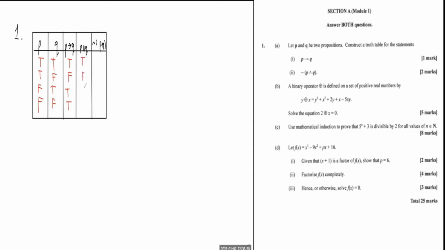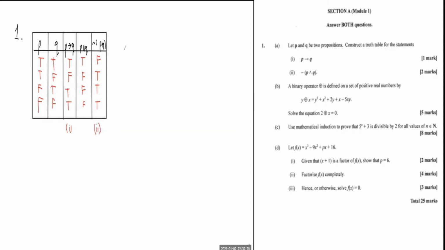Everywhere else is false. Then the negation of P and Q: you negate this column result to get false, true, true, true. And that's finished. So this is part I, and this is part II.